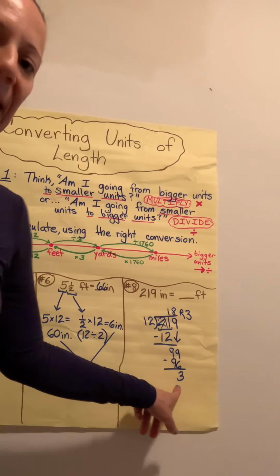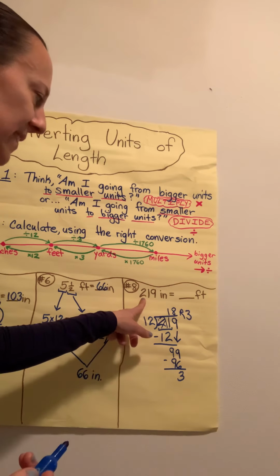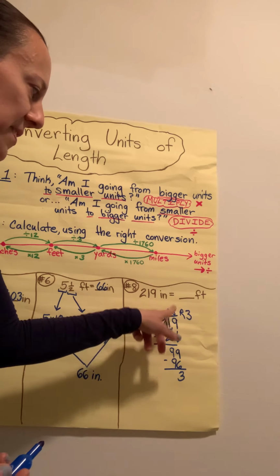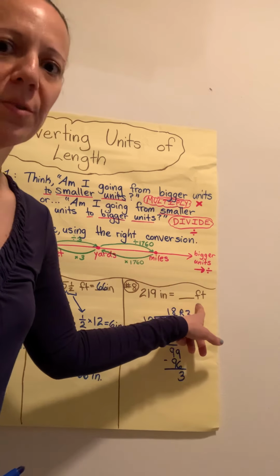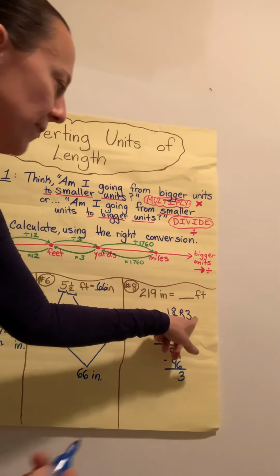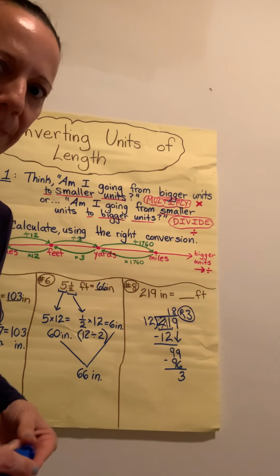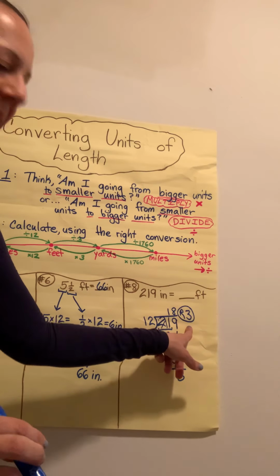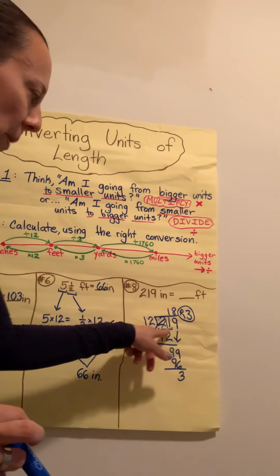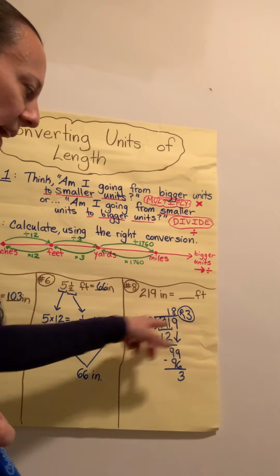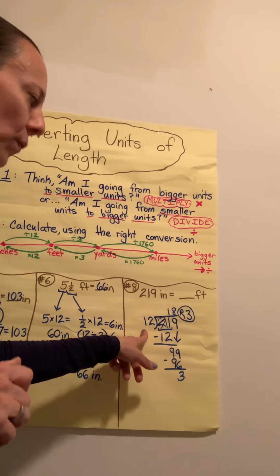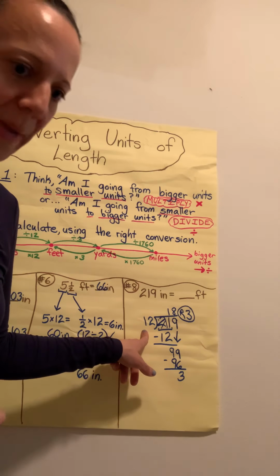Now I need to decide how to give my answer. I can't say that 219 inches is 18 remainder 3 feet. I have to decide, what do I do with that remainder? Remember, that remainder is inches. I'm taking my 219 inches and dividing it into groups of 12 to see how many feet it makes.